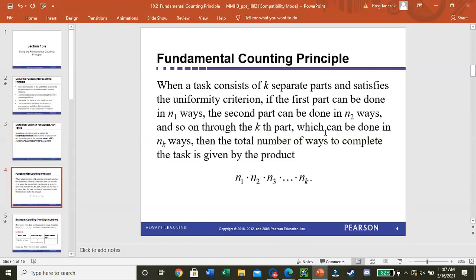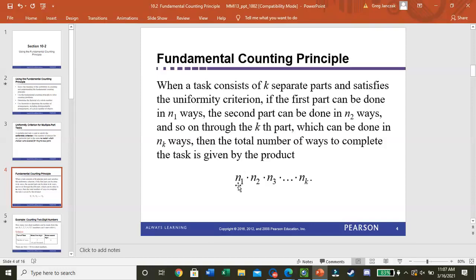Okay, in the fundamental counting principle, we have different tasks. And for each task, we have one and two and three and so on. So we can look at, for example, a license plate. In North Carolina, the license plate has 3 letters and 4 numbers.